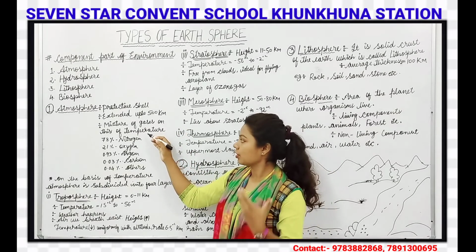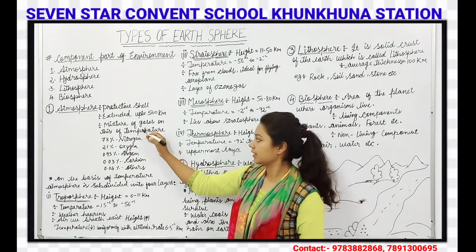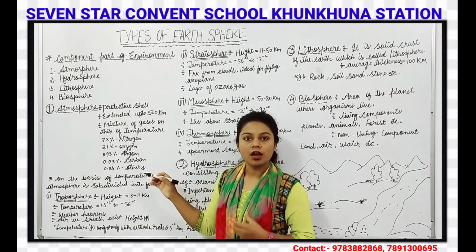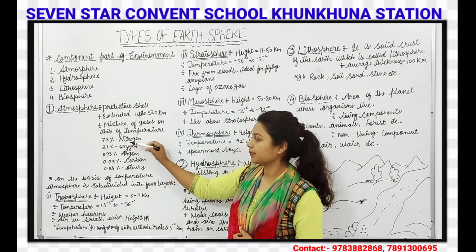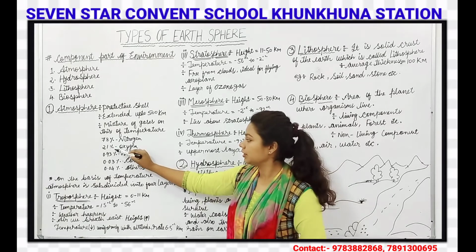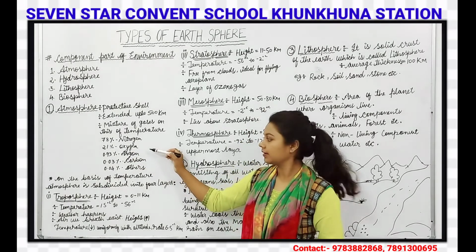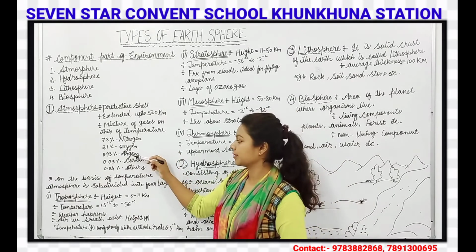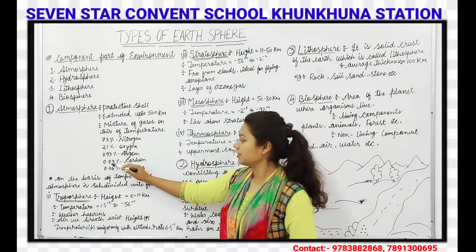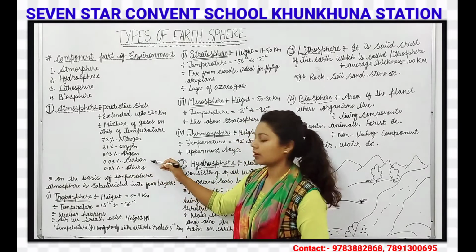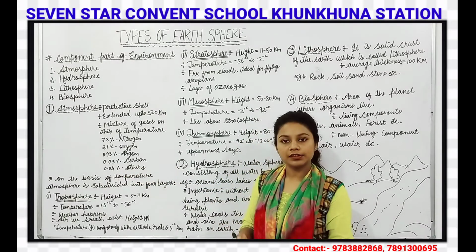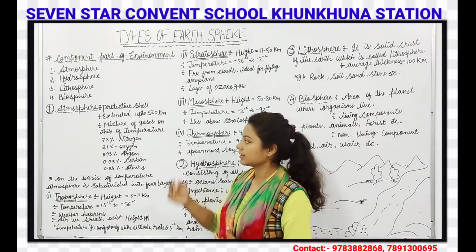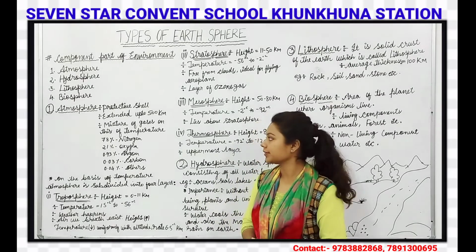And if we talk about the mixture of gases, we have 78% of nitrogen, 21% of oxygen, 0.93% of argon, 0.03% of carbon, and 0.04% other elements in the atmosphere.